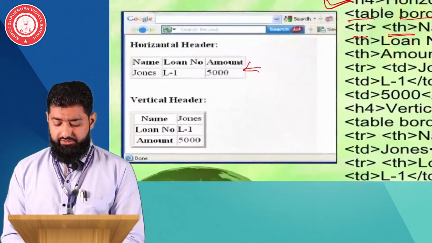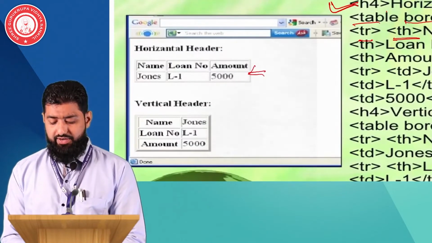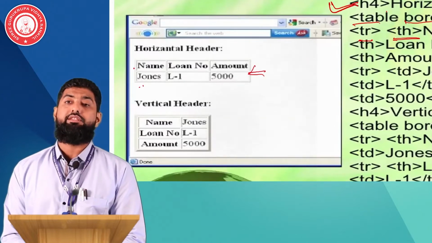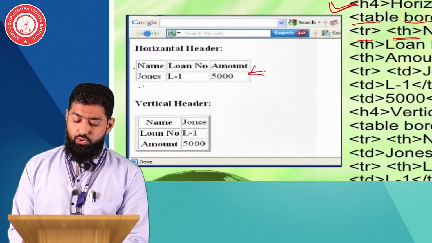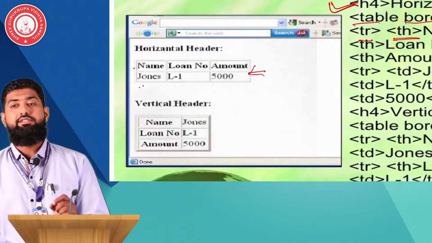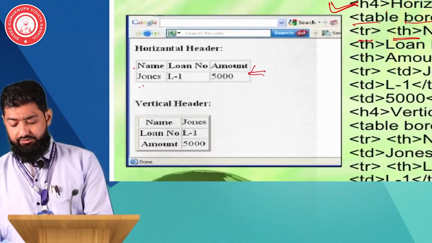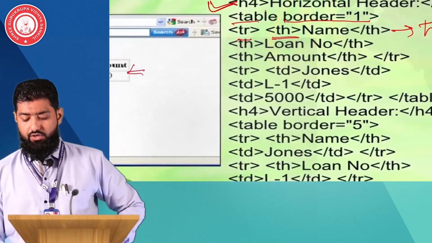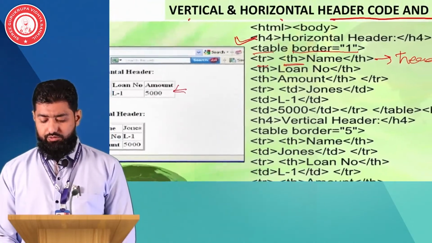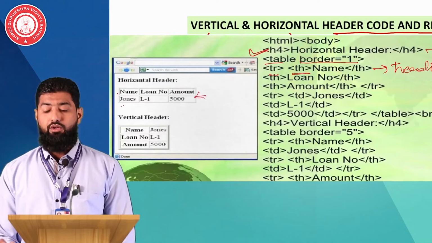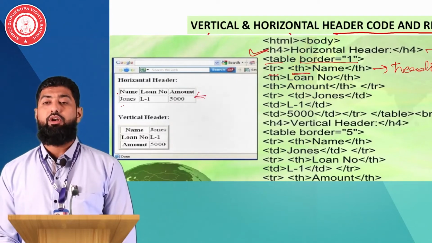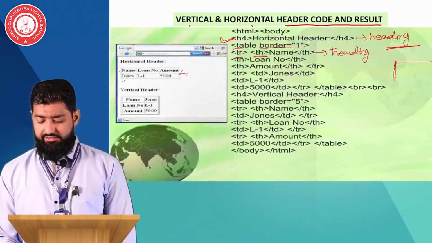Just look here: John is defined in td and Name is defined in th. You can see the difference here. Name is a little bolder and John is a little thinner. So you can make your table either vertically or horizontally.